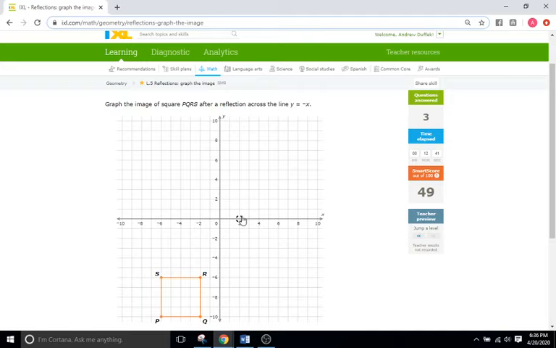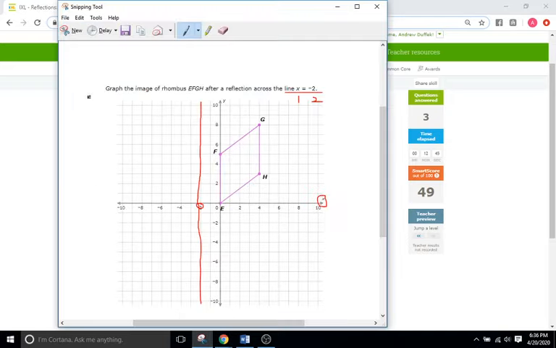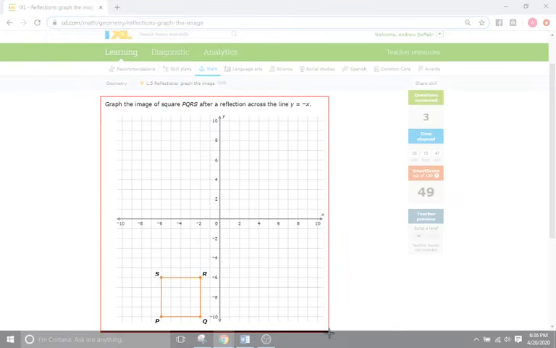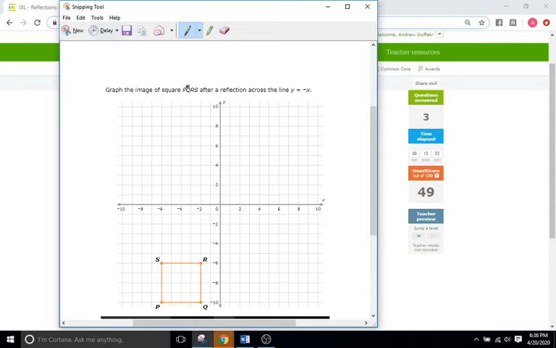And so what that means is the line y equals -x is a line, again, let me bring this up to show you. Let me start with y equals x.